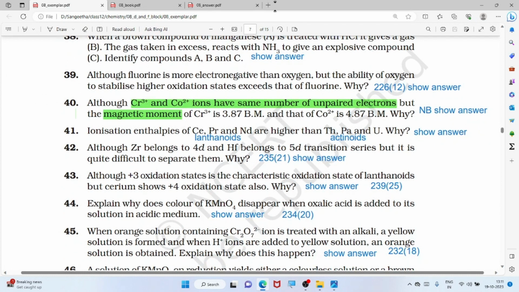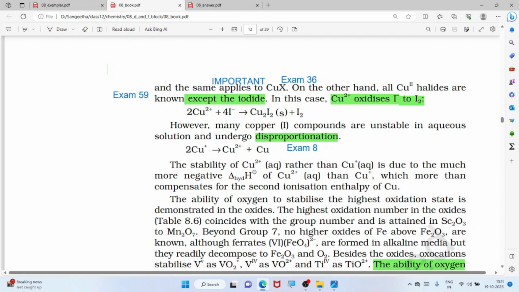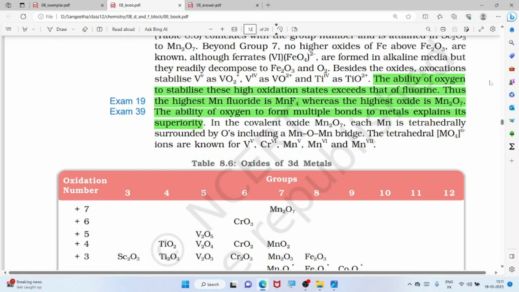Although fluorine is more electronegative than oxygen, the ability of oxygen to stabilize the higher oxidation state exceeds that of fluorine. Why? The highest Mn fluoride is MnF4, whereas the highest oxide is Mn2O7. This is due to the ability of oxygen to form multiple bonds.